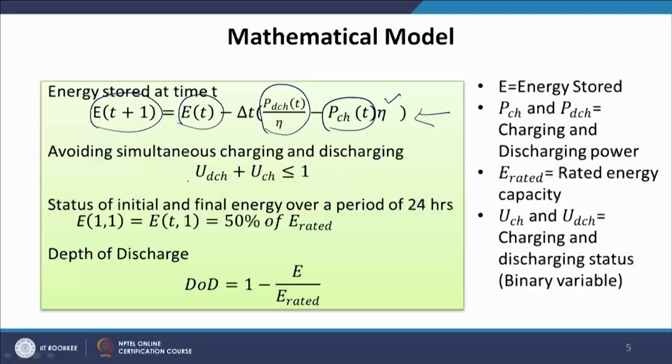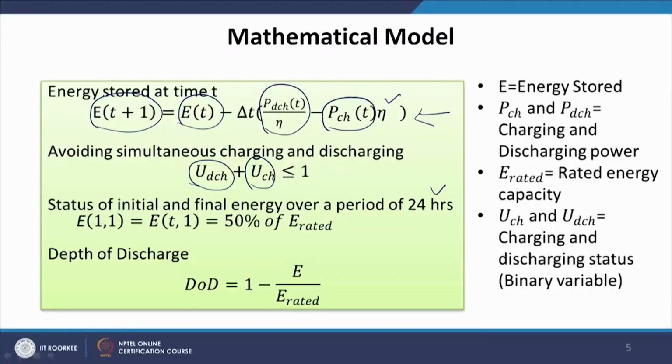E is the energy stored and E_rated is the rated energy capacity, and U_CH and U_DCH are the charging and discharging status of the battery. So, what we are saying is that the charging status plus the discharging status of a battery must be less than or equal to 1, either 0 or 1 or idle. In no case can it be more than 1.